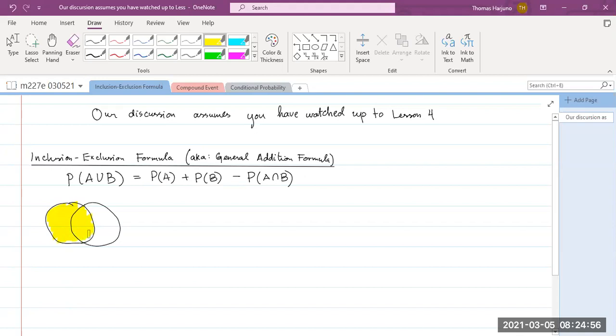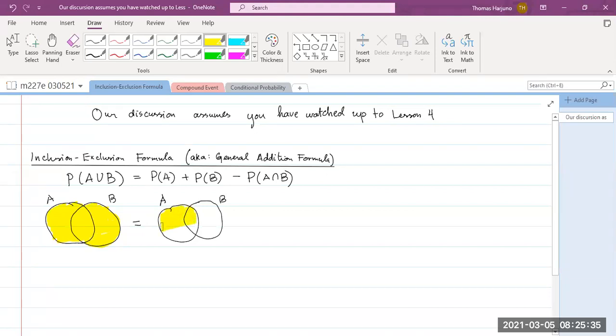So this is A or B. Now, the probability of the union of those 2 events is equal to the probability of event A, if you imagine in the Venn diagram, right?